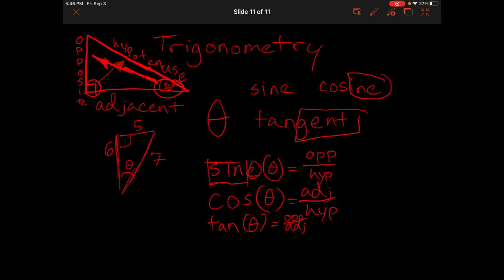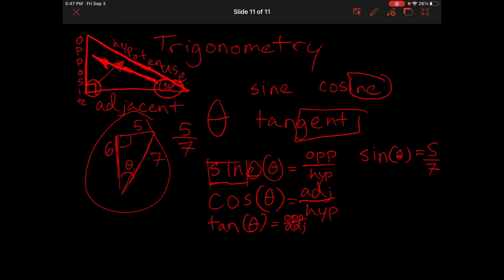So what do we get when we're doing sine of theta? Well, if we're doing sine of theta, we get 5 divided by 7, or 5/7. So sine of theta with this particular triangle equals 5/7.